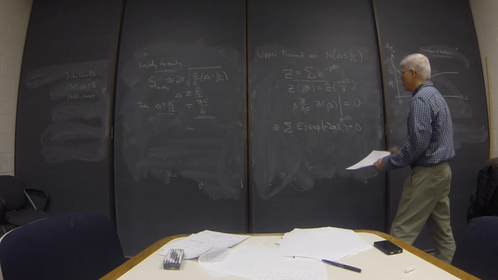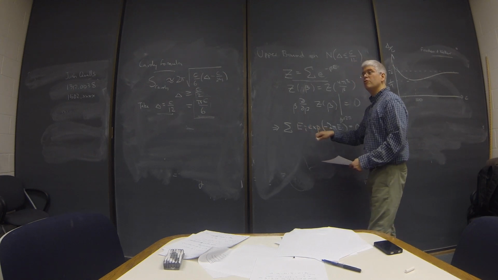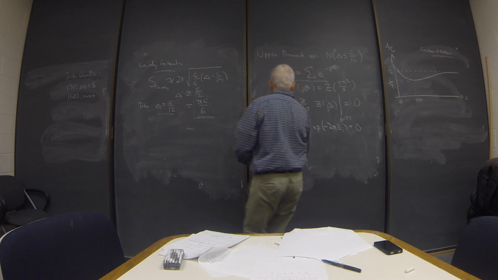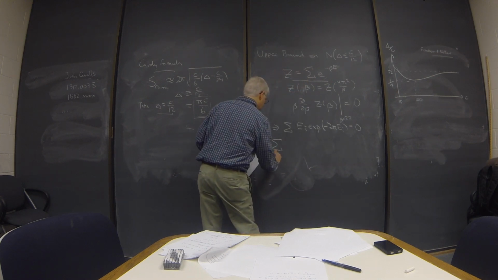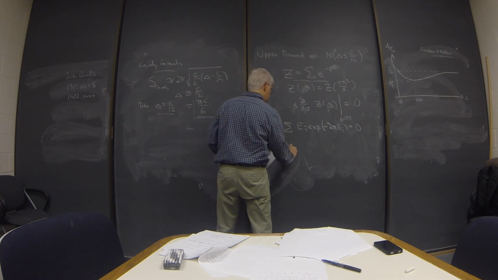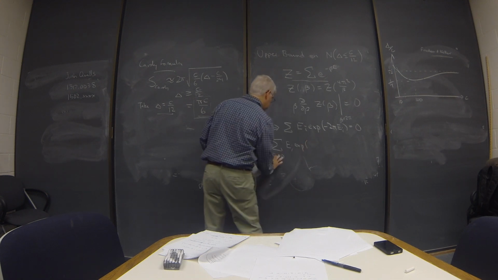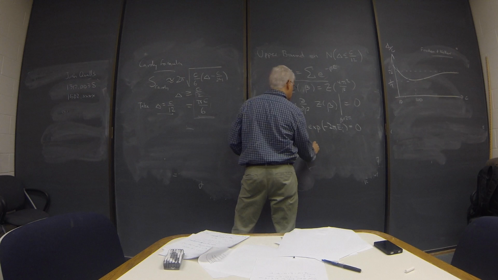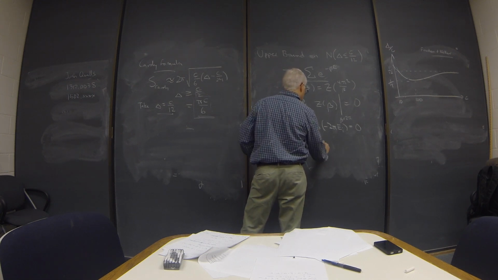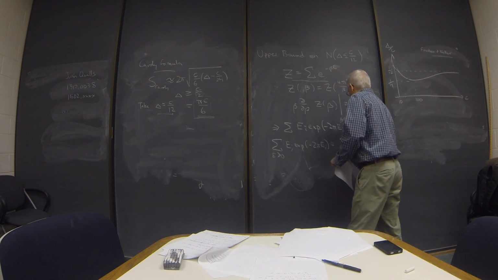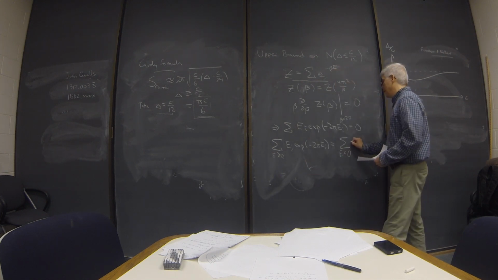Okay, so I'm going to divide this into a sum over negative energies and positive energies. Let me do the E greater than 0 first, and then there will be a sum over E less than 0, and I'll have a minus sign here.